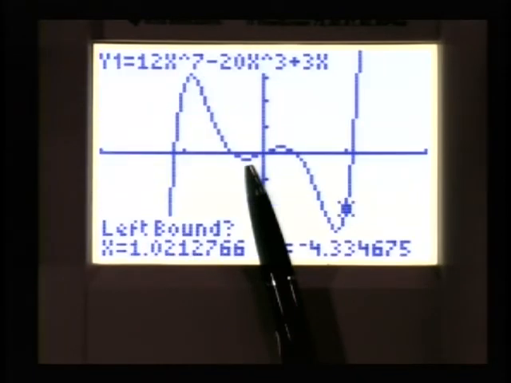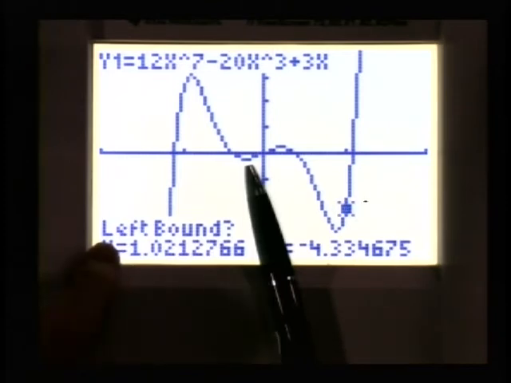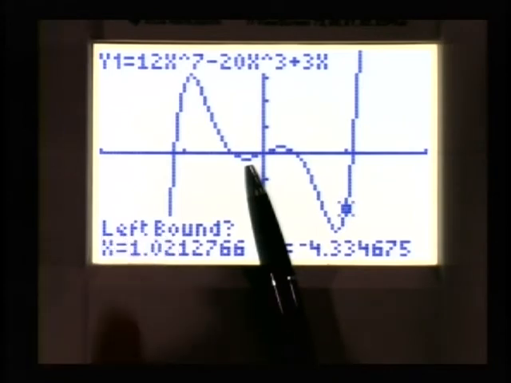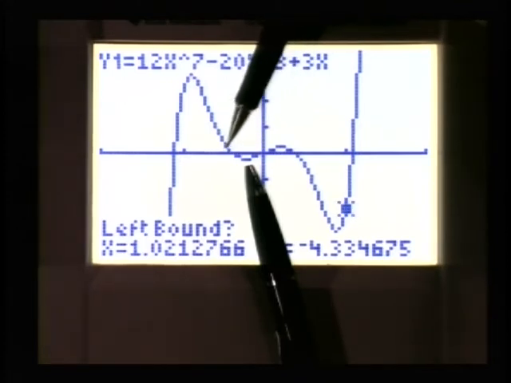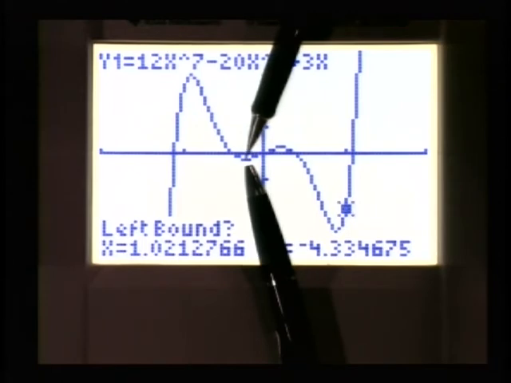It brings us back to the screen. And I'm going to leave the pen there to illustrate the point we're looking for. However, notice the question that's being asked here. It says, what's the left bound? What they want is for us to come up with a spot that is to the left side of that interesting point, the point we're trying to investigate.